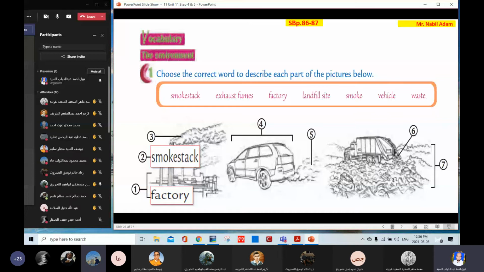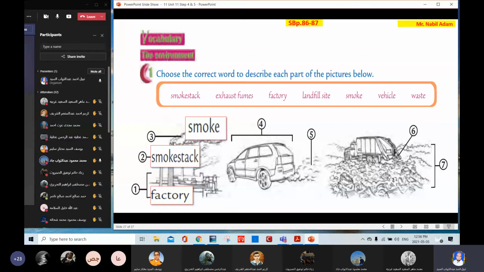What is coming out from the smokestack? Chemicals or one word from the text, please. Choose a word from the list. Smoke. Oh, smoke. Pay attention, Muhammad.